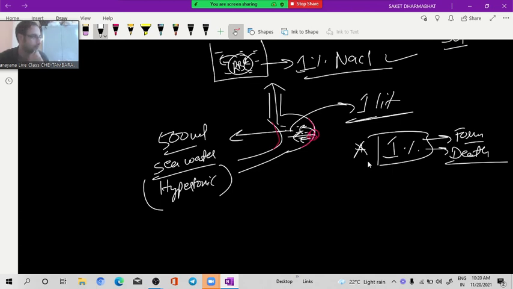Clear or not? Okay. In resting state, when blood is flowing very slowly, RBC forms a pile-like structure. This is called as what?